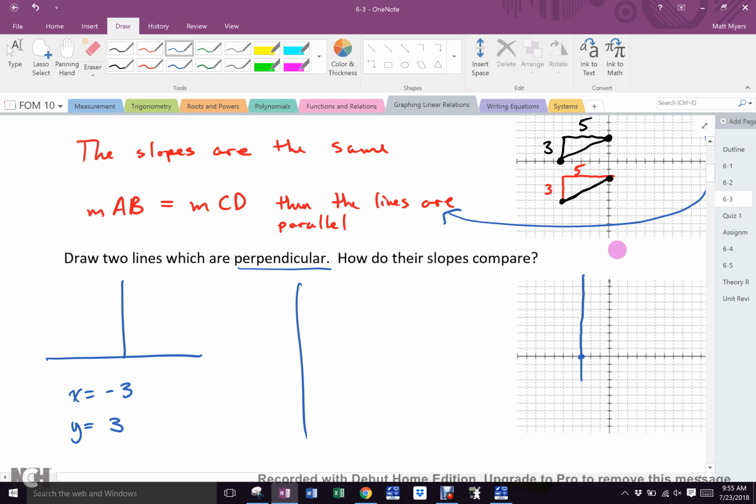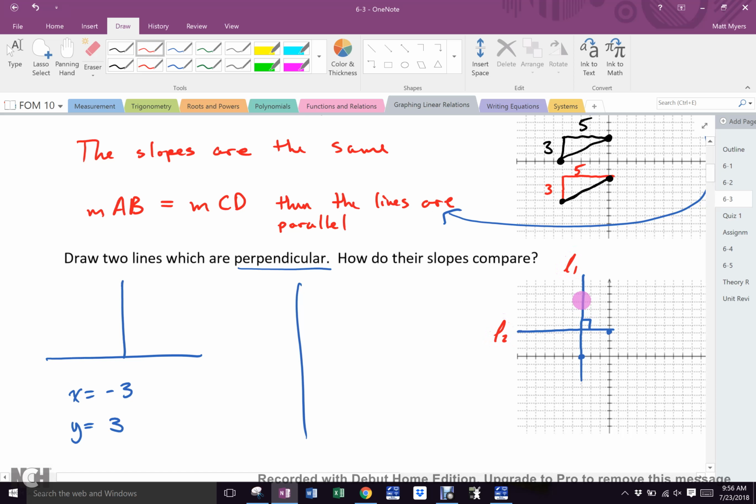Where do I put y equals 3? It's the horizontal line right through here where y equals 3. Now this one is straight up and down and this one is horizontal. Obviously, this is a 90 degree angle, yes? Everyone agree? Okay. Now, I'm going to call this line 1. I'm going to call this line 2.